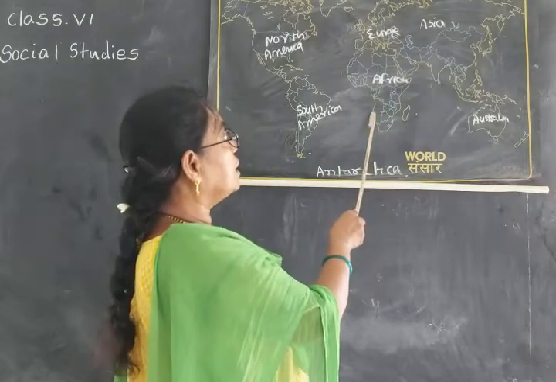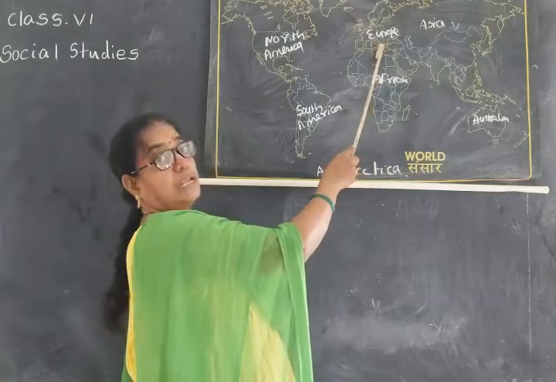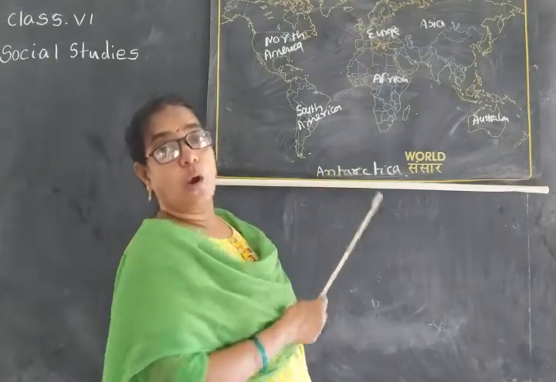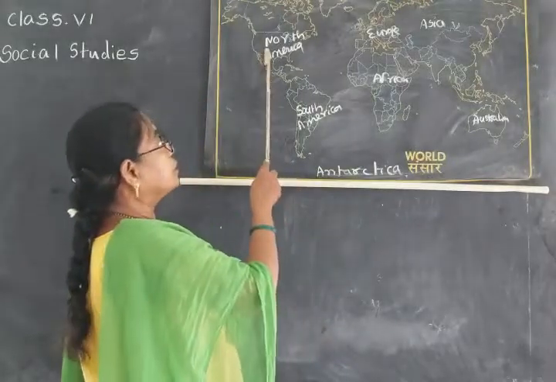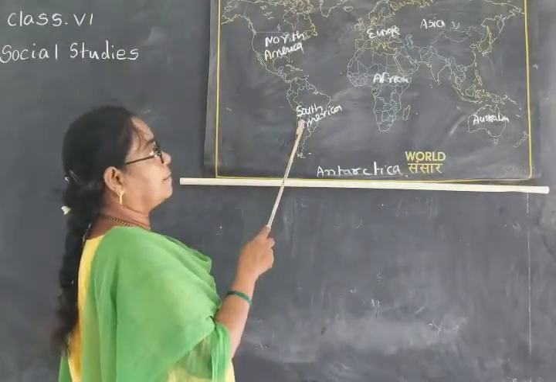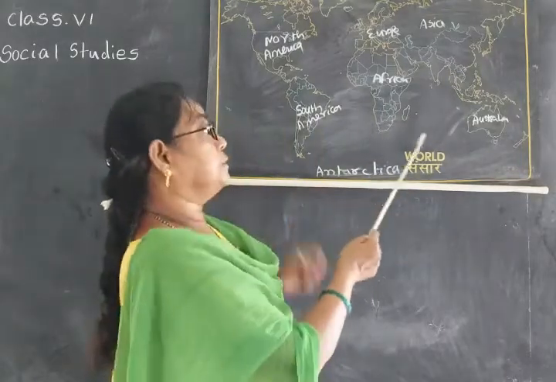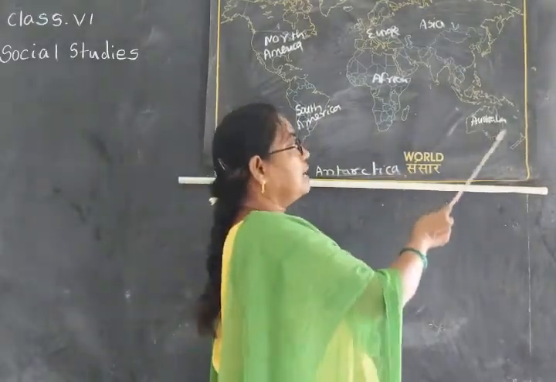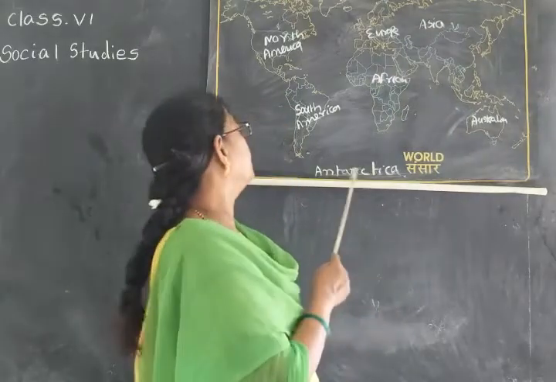And next one is Europe. The specialty of Europe is there is no desert. Next are North America and South America, which are in the western hemisphere. Next, Australia is the smallest continent, and it is called an island continent.